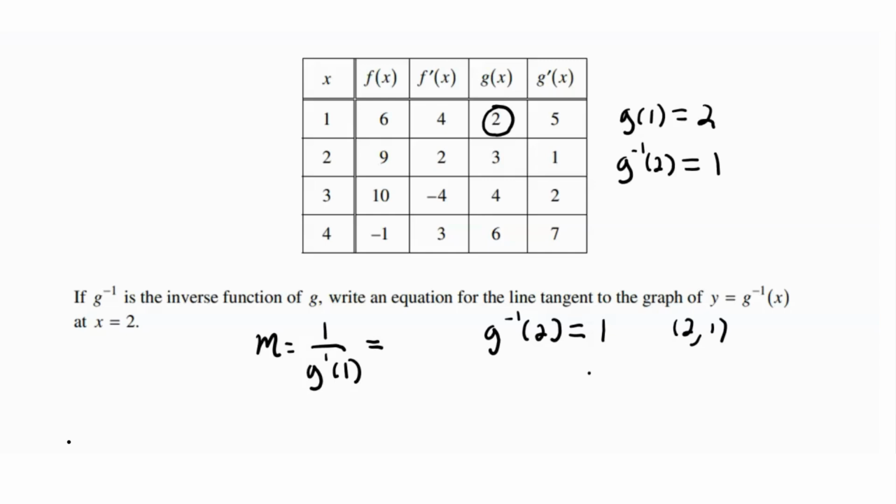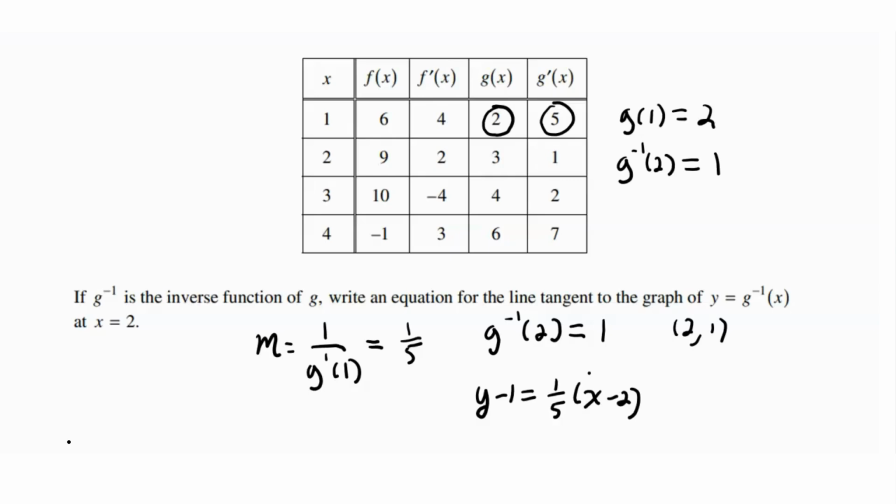We go to our table, and g prime of 1 is equal to 5. So our slope is 1/5. So our tangent line is y minus 1 equals 1/5 times x minus 2.